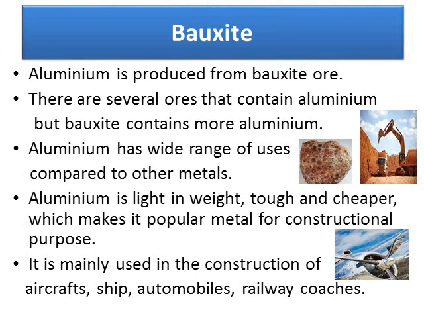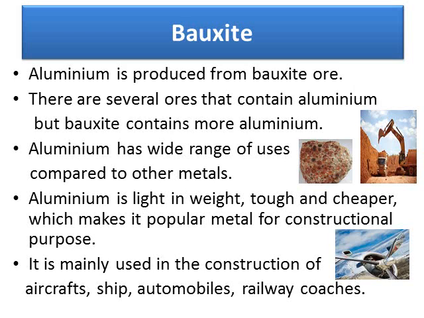Bauxite is an ore of aluminium. Children, aluminium has a wide range of uses compared to other metals. Aluminium is light in weight, tough and cheaper. These three properties make it a popular metal for constructional purposes.